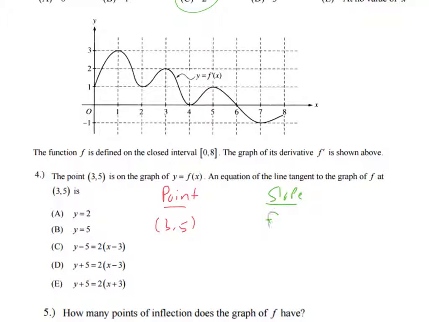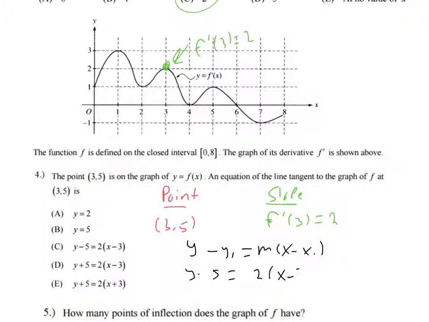So the slope, the derivative at 3, is equal to, well, here's the derivative, here's the x value of 3. At 3, the derivative is 2. So f prime of 3 is equal to 2. So the slope of the tangent line at 3 is going to be 2. Using point slope form, y minus y1 equals m times x minus x1, we have y minus 5 is equal to 2 times x minus 3.